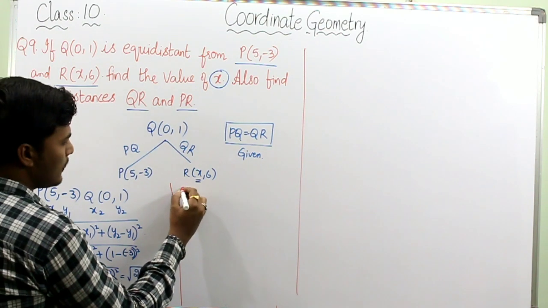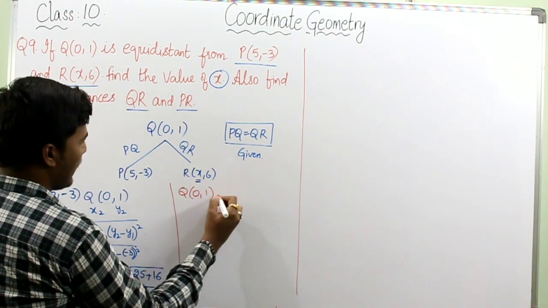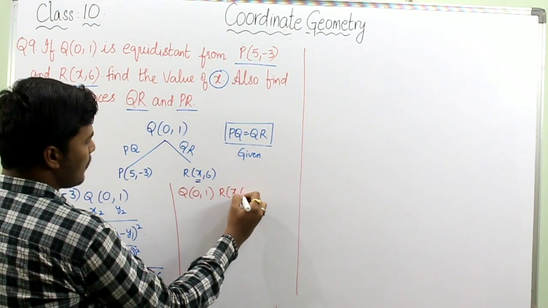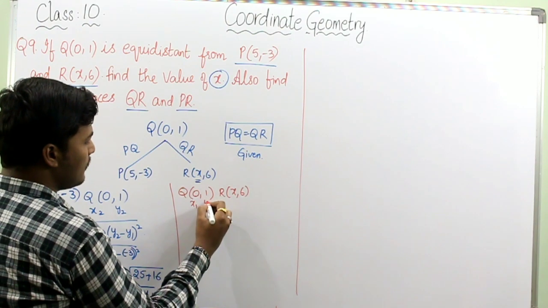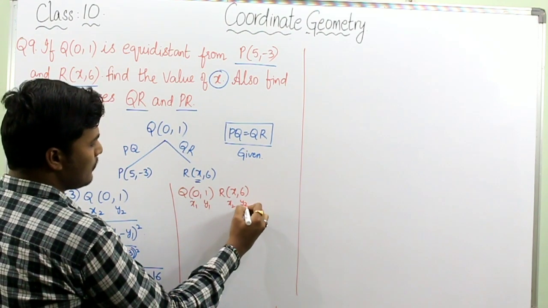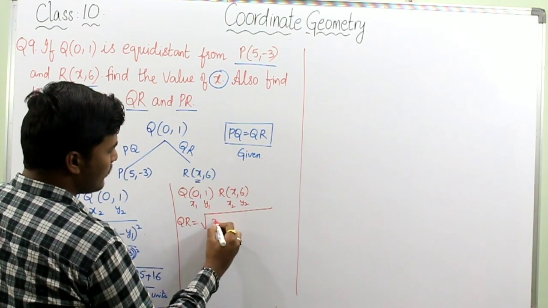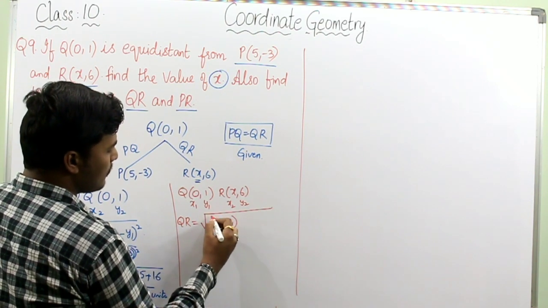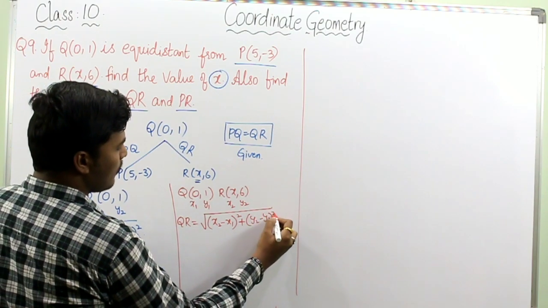By considering the Q point as (0, 1) and R point as (x, 6), let us name these points as x1, y1, x2, y2. So the distance of QR is given by the square root of (x2 minus x1) whole square plus (y2 minus y1) whole square.